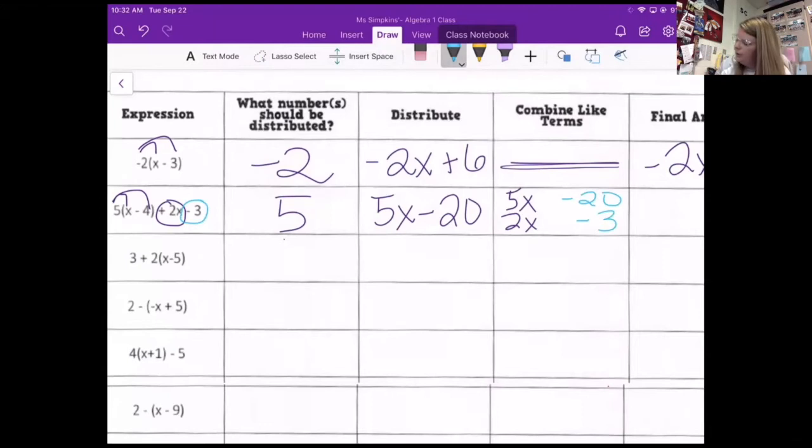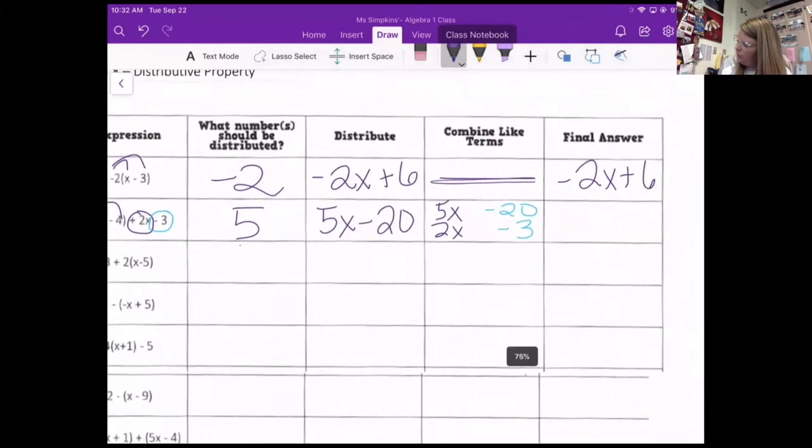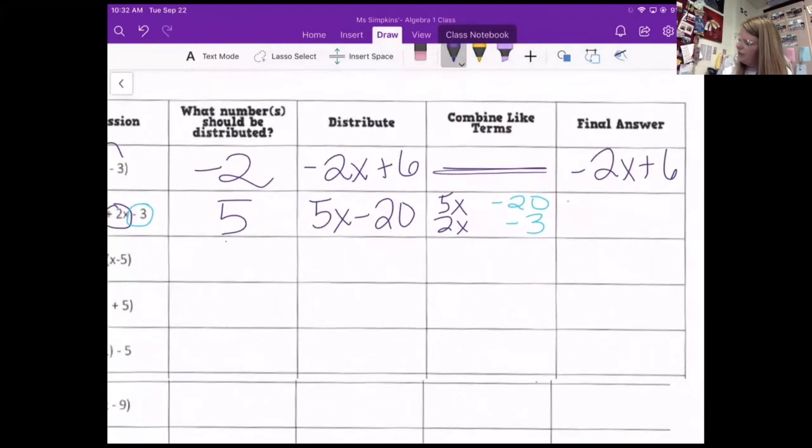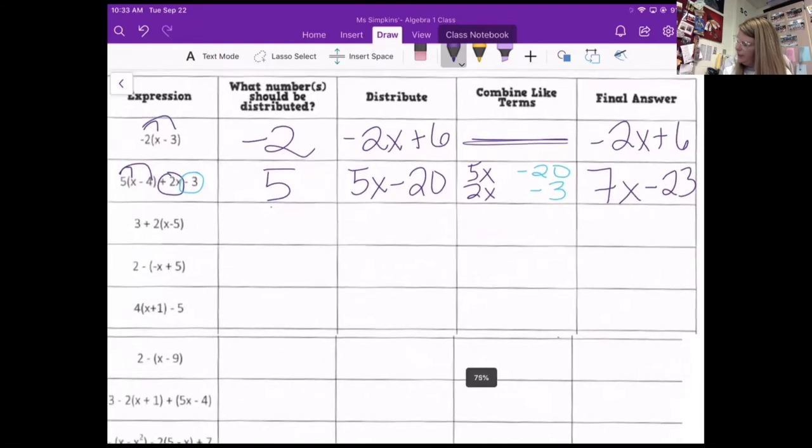So those would also be like terms. So when we combine those, 5x and 2x would be 7x, and -20 and -3 would give us -23. And again, we can't do anything else with that because 7x and -23 are not like terms.